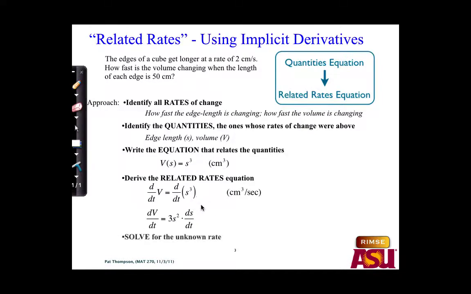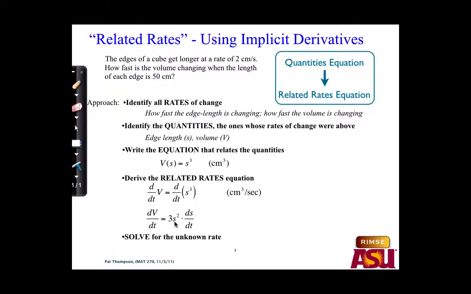So in terms of answering this specific question, this is plugging in numbers. How fast is the volume changing when the length of each edge is 50 centimeters? Well, when the length of each edge is 50 centimeters, that's s equals 50. So I could plug that in. ds/dt is the rate of change of the side length. That's 2.